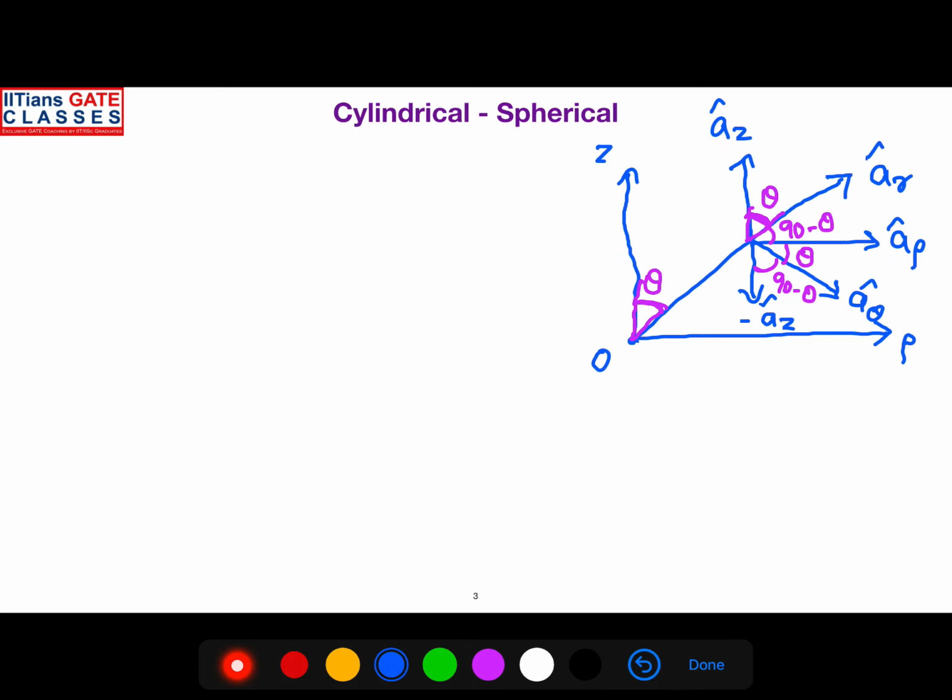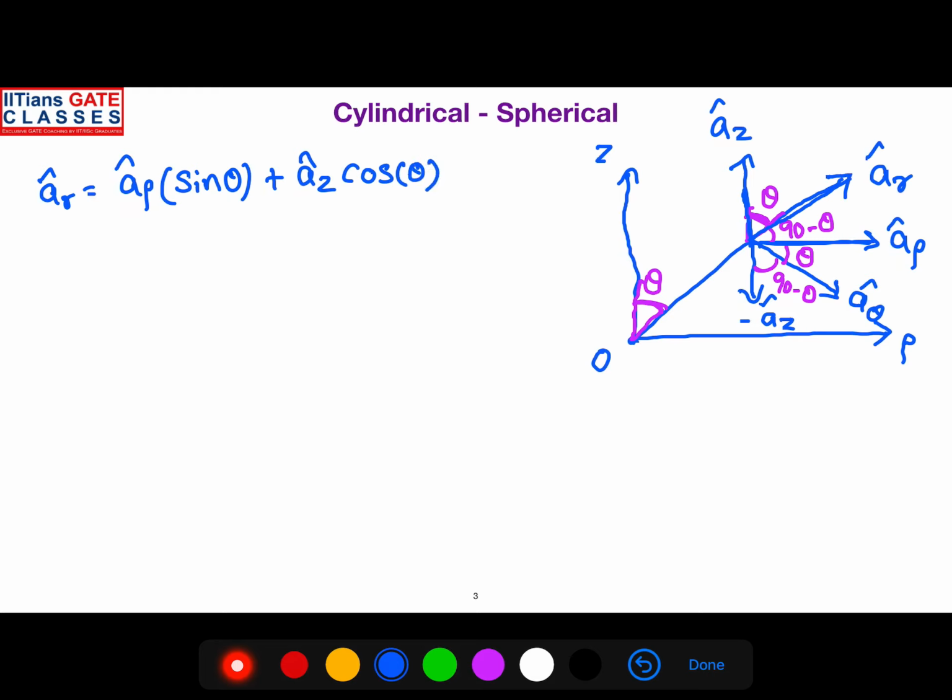Now in the same fashion, you can write here first vector AR as a combination of a rho and az, right? So the first vector AR can be written as a rho into cos of 90 minus theta, that will be sin theta, plus az cap into, since it is theta is there, so the factor will be cos theta.